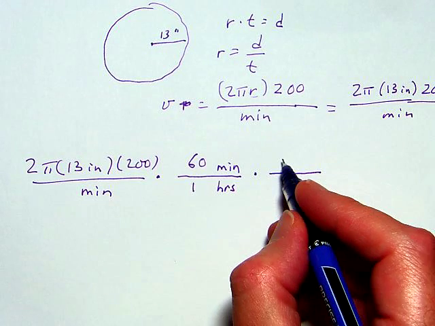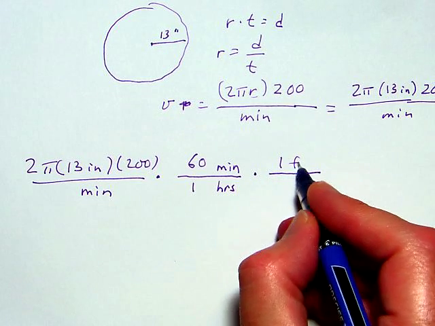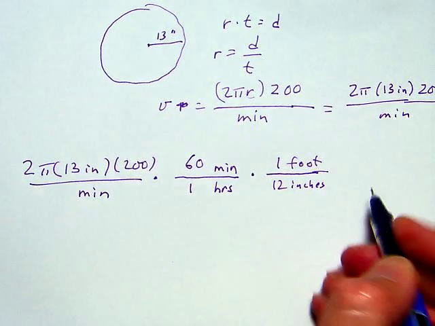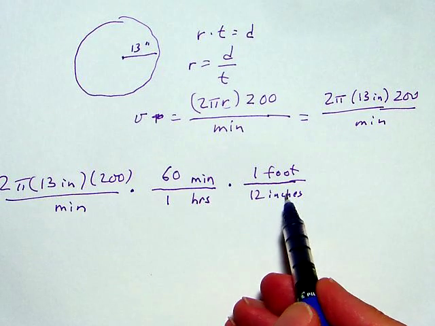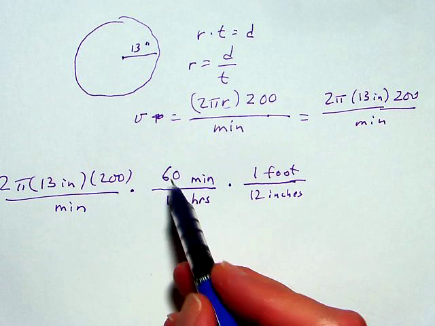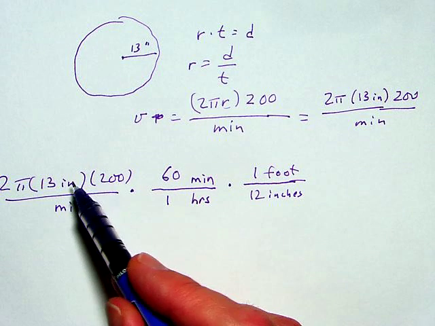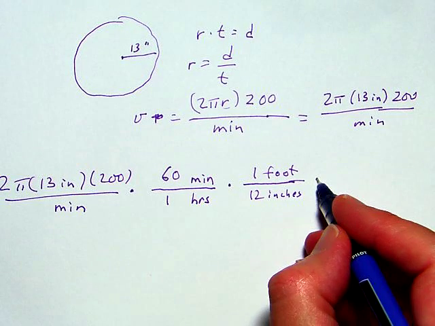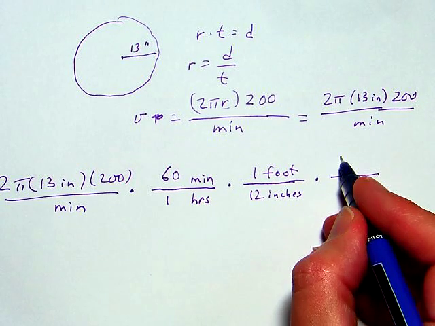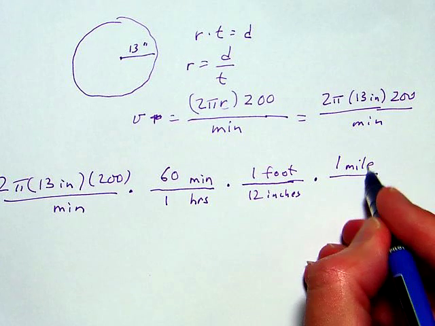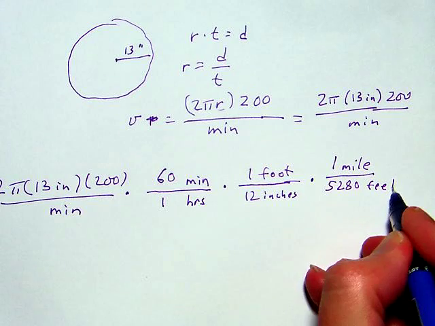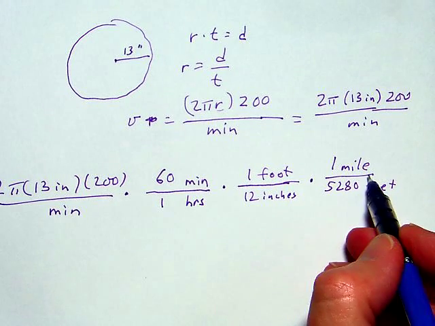There's 1 foot per 12 inches, and when we multiply by this, we cancel out inches in the denominator with inches in the numerator and replace it by feet in the numerator. Now we can also multiply this further by 1 mile per 5,280 feet, and that will cancel out the feet and leave us with the mile.